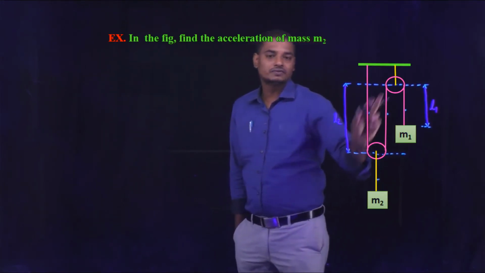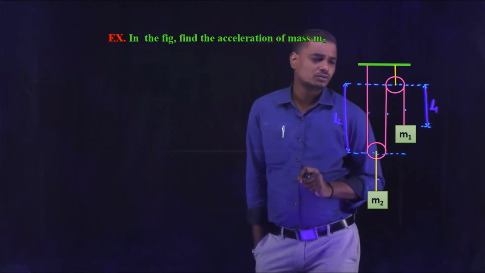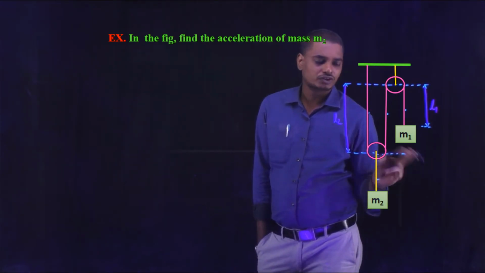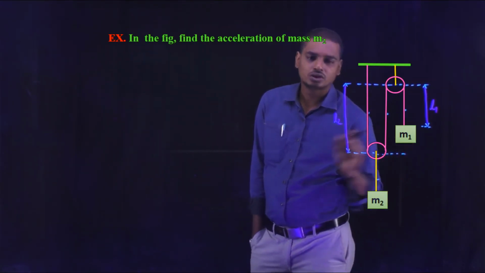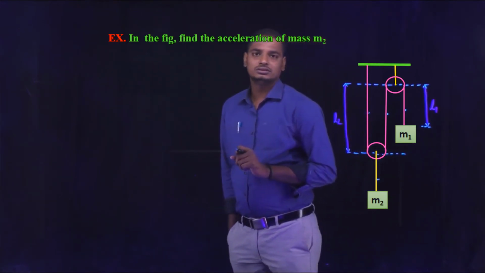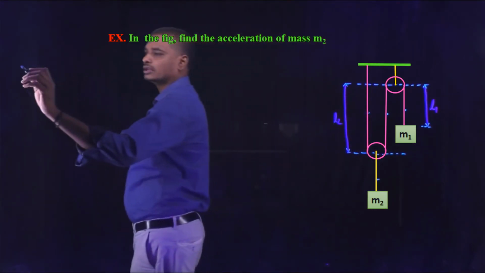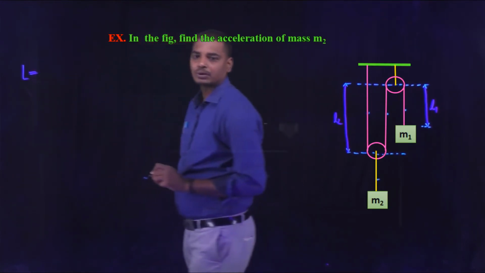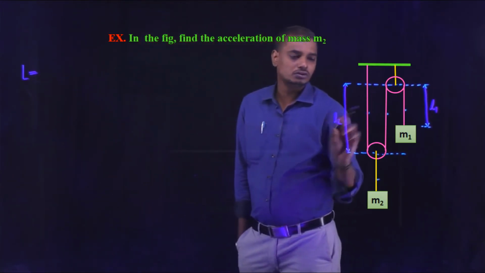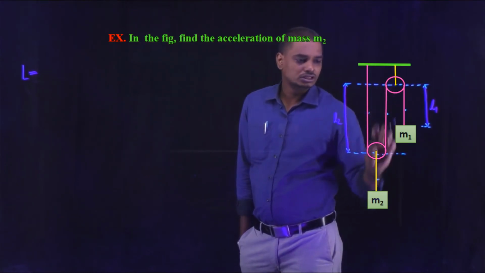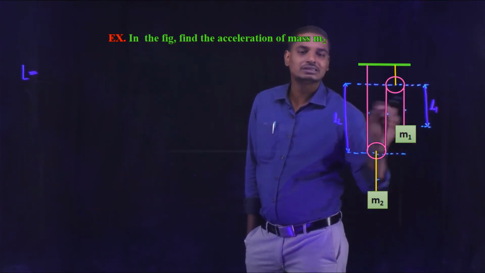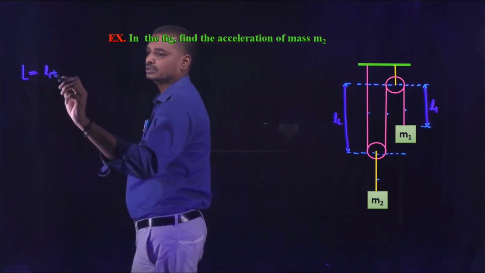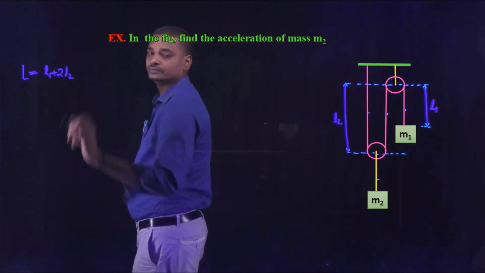As these are fixed, we need to calculate the total length of the string. So the total length of the string, let capital L be the length of the string, is equal to L1 plus 2L2.